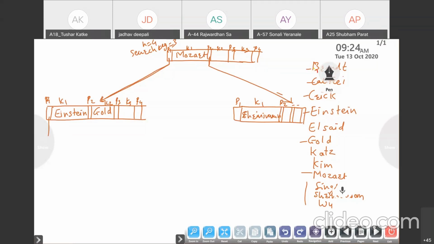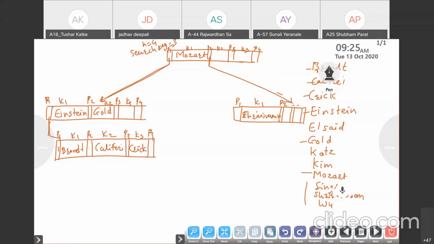So here I use a leaf node with values Brandon, then Calipari and Crick. So all the pointers and search keys are used here. It is P1, K1, P2, K2, P3, K3 and P4.